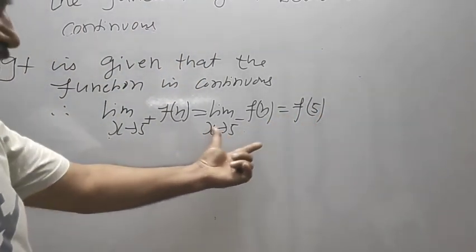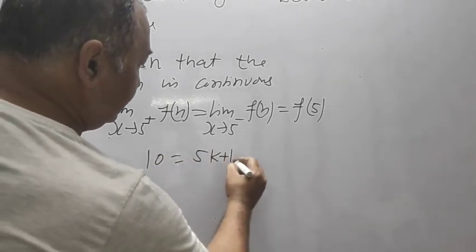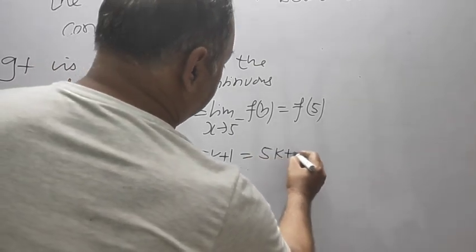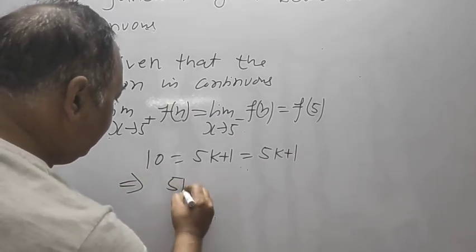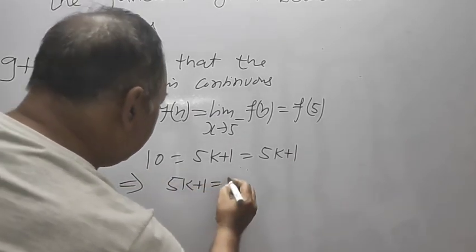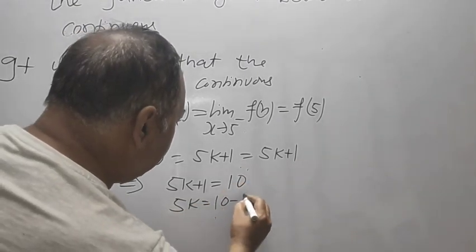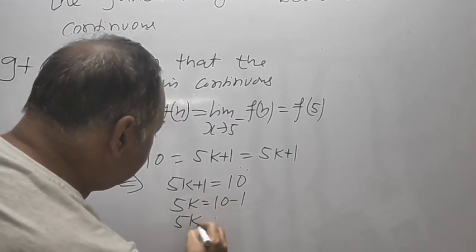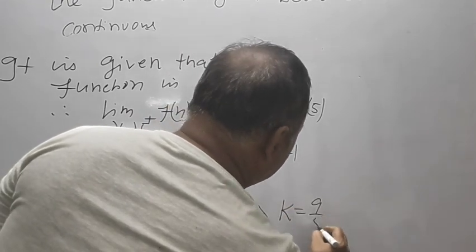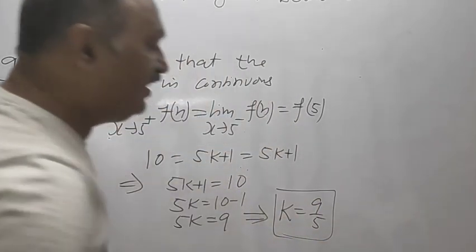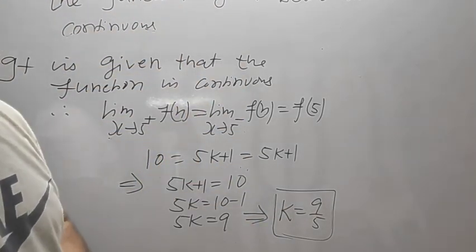Now putting these values, we get 10 is equal to 5k plus 1 is equal to 5k plus 1. Both are same things. Therefore, we get 5k plus 1 only one time is equal to 10, and 5k is equal to 10 minus 1, and 5k is equal to 9, and this implies value of k is 9 by 5. This was your requirement, find the value of k such that this function is continuous everywhere.